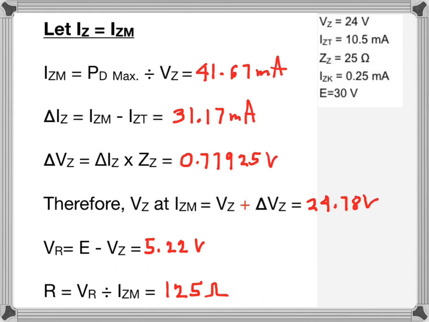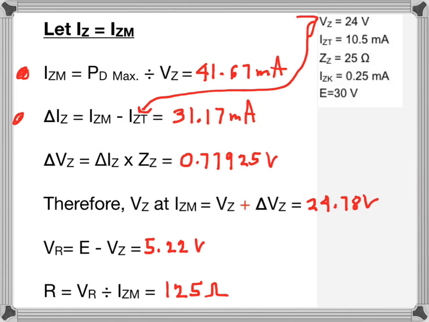Okay, here's all the formulas. First thing you want to calculate is IZM. IZM is PD max, 1 watt, divided by VZ, 24 volts, which is 41.67 milliamps. The change in the Zener current from IZM to IZT, because IZT corresponds to 24 volts, that's where we know the voltage is.